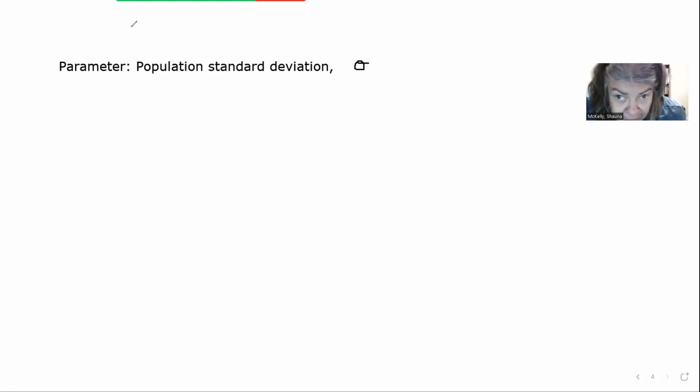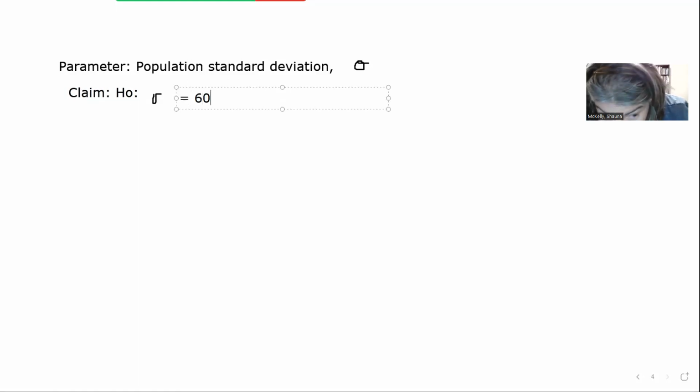Population standard deviation sigma. Now, the next thing we do is we specify what the claim is. Well, if you remember, the claim was that sigma is 60. And since that includes equal, this is the H0. So we're going to say that sigma is 60.